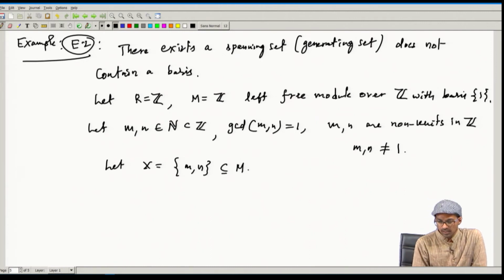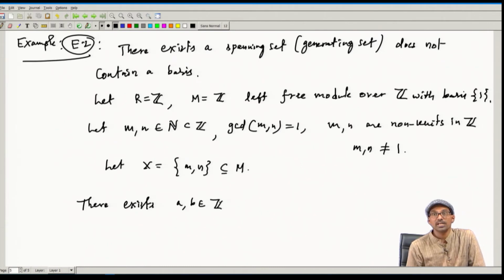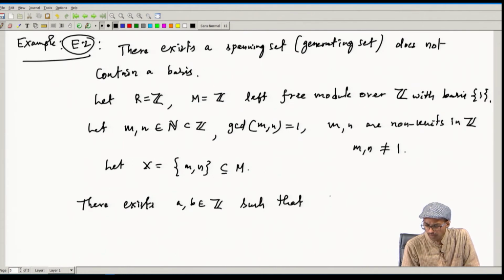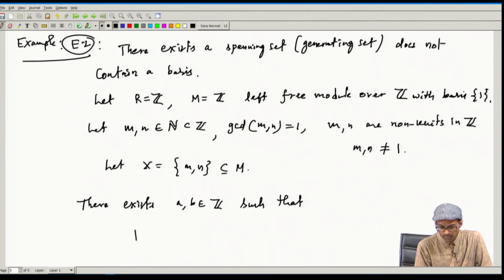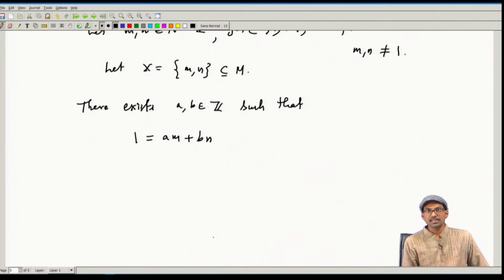Okay. So, since its GCD is 1, there exist two integers, let us say a, b belongs to Z, such that 1 is equal to am plus bn, because the GCD is 1.